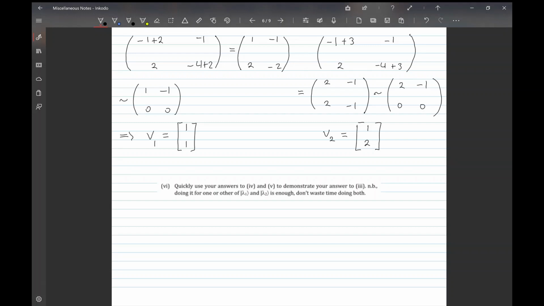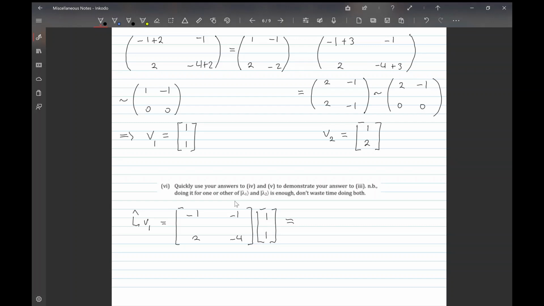So let's take, say, V1, for example, and act L on V1. So recall, L was this matrix -1, -1, 2, -4. And we computed V1 to be 1, 1.